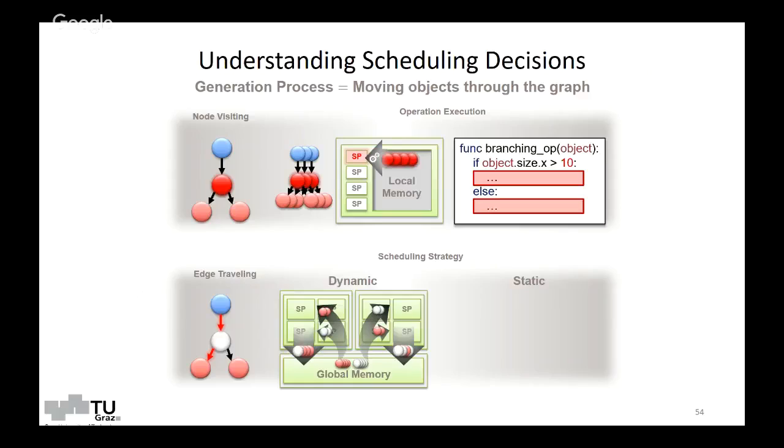What do we do in between? Are we going to go ahead and, for example, have a couple of operations that we know are always chained together and stay within the same thread for an execution? Or are we going to run one operation, get some objects out, store them, for example, in global memory in some queues, and then reschedule the execution somewhere else?